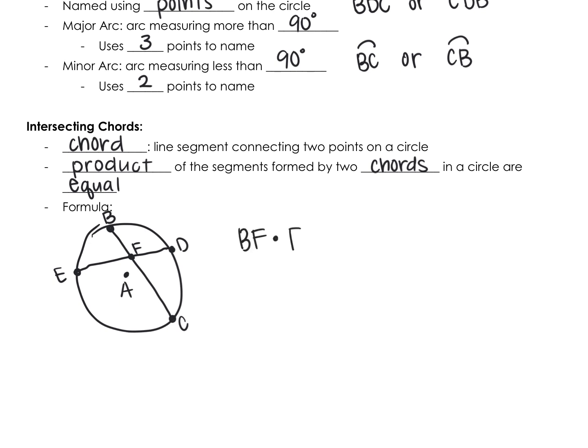So it tells me their product, BF times FC, has to equal the product of my other chord, which is formed by the segments DF and FE. So that's all the formula is. The product of the segments formed by your chords are equal.